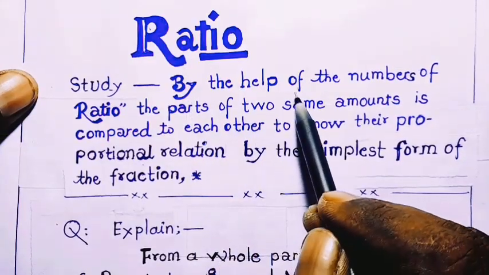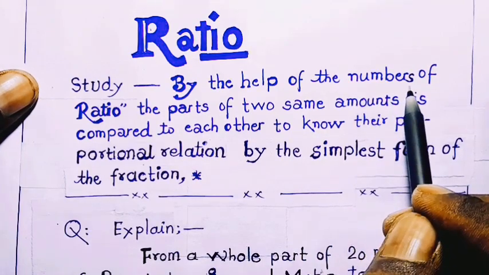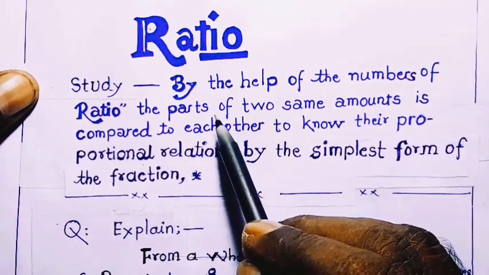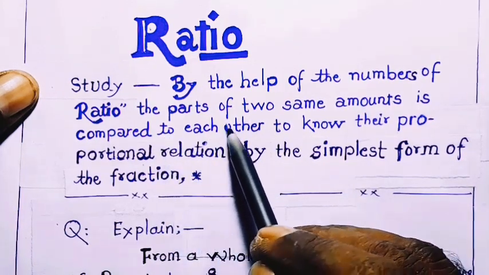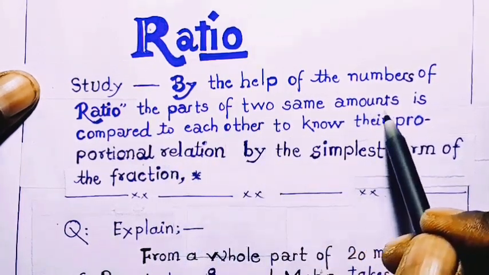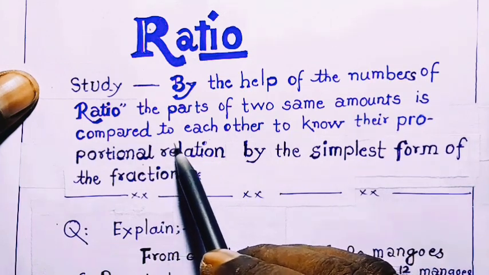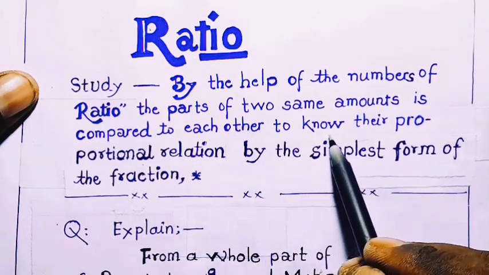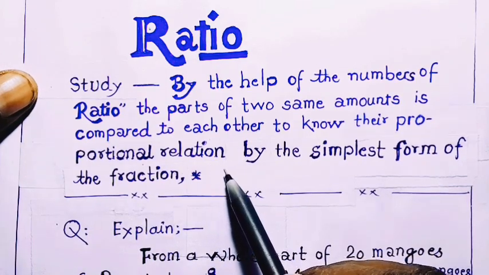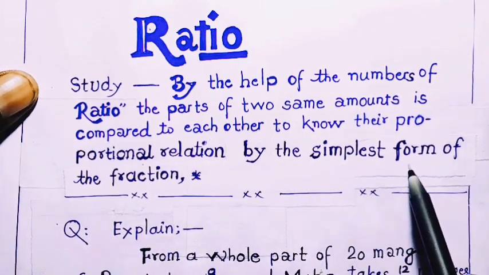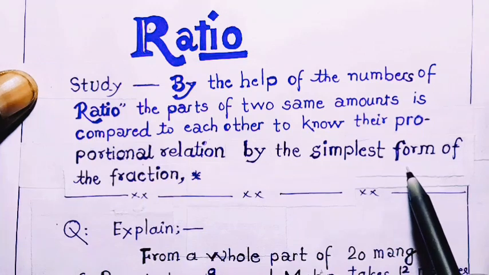By the help of the numbers of ratio, the parts of two same amounts are compared to each other to know their proportional relation by the simplest form of the fraction.